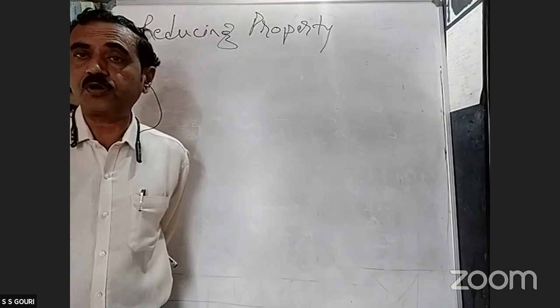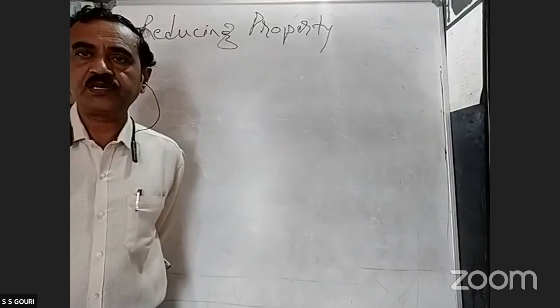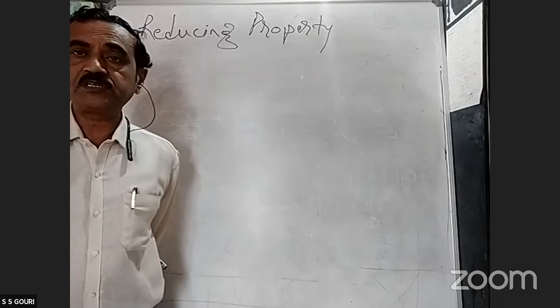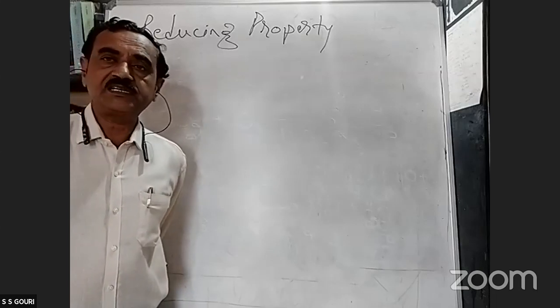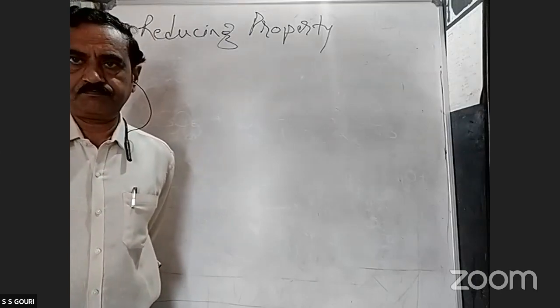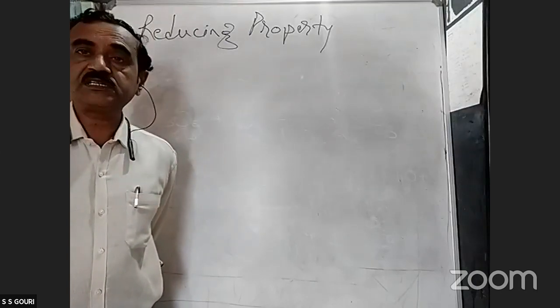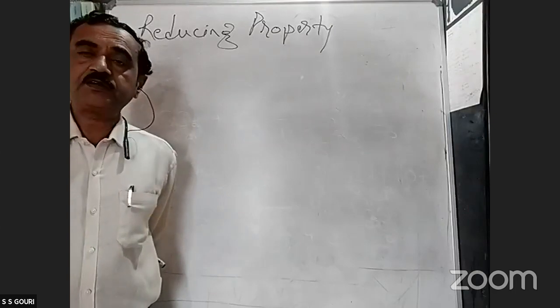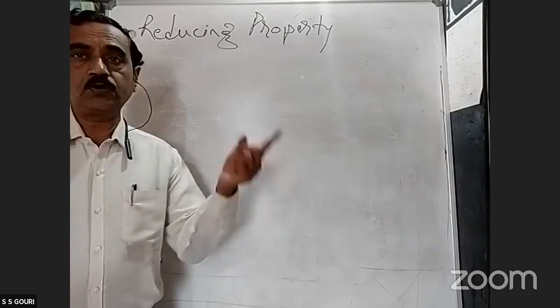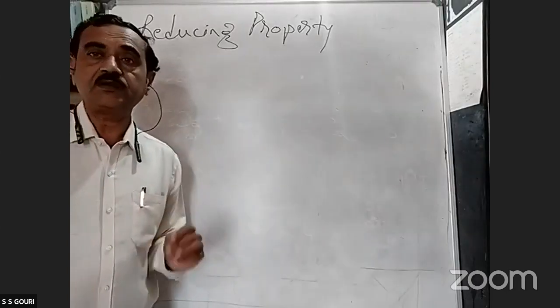Reducing agent is often called a reductant. Their opposite is the oxidizing agent, the one which helps for oxidation. A reducing agent must help for reduction by undergoing oxidation itself.